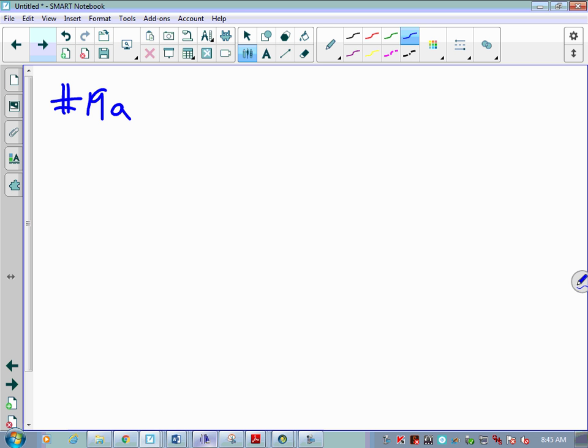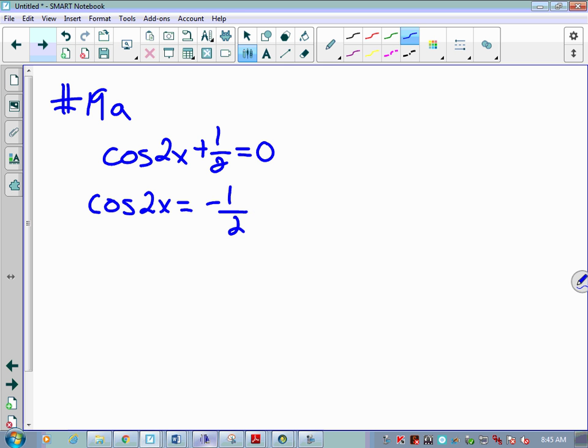And we have cosine 2x plus 1/2 equals 0. First thing you're going to do is subtract the 1/2. Okay, so we've got cosine 2x equals -1/2. Okay?